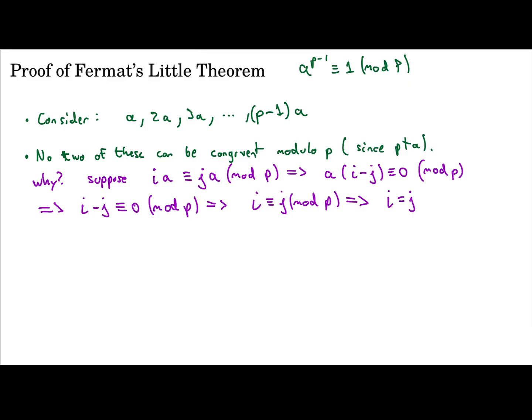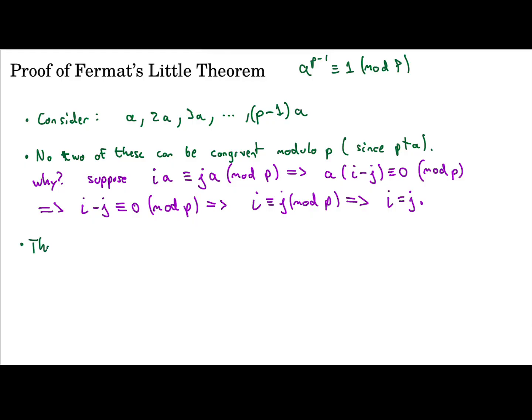This shows that no two of these are congruent, so there's no way for two of these to be congruent to each other. And you actually have p minus 1 of them here, and they are all numbers between 1 and p minus 1. Thus, what does that mean?